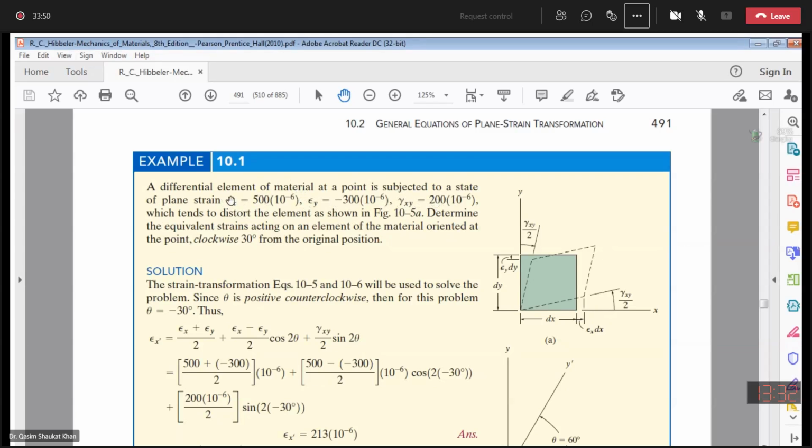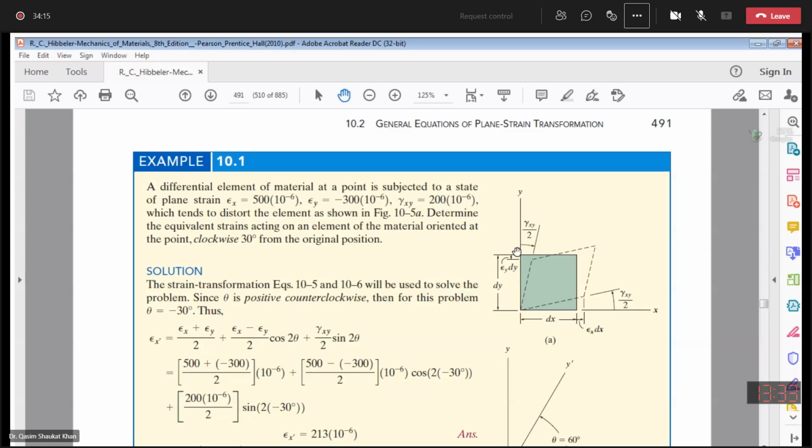Now this means that your normal strain epsilon x is resulting in the elongation of the element. Your normal strain epsilon y is resulting in the shortening or contraction of the element. Your shear strain is positive, which means that your element's angle AOB is less than 90 degrees.